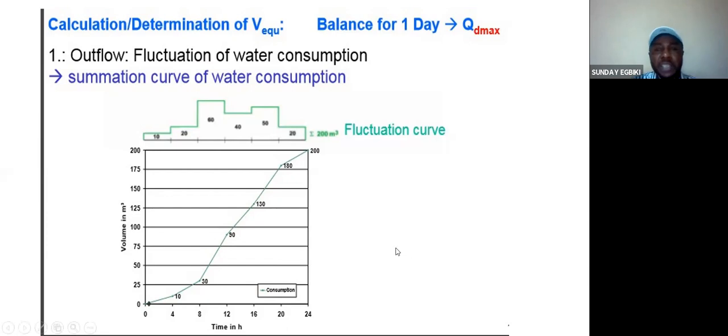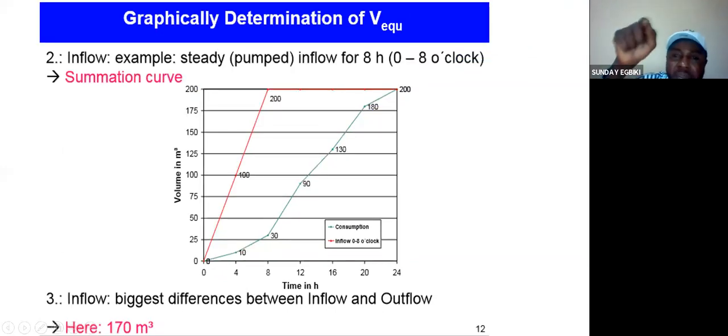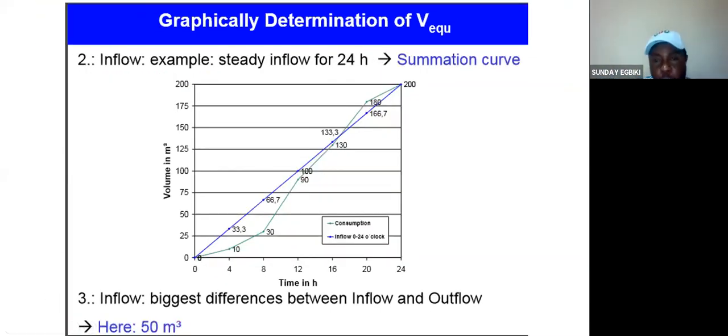The transmission, that is the inflow, the rate at which water is going into the tank, cumulatively is going to be a straight line curve. But the way people consume water, which is the distribution pipe, is different.